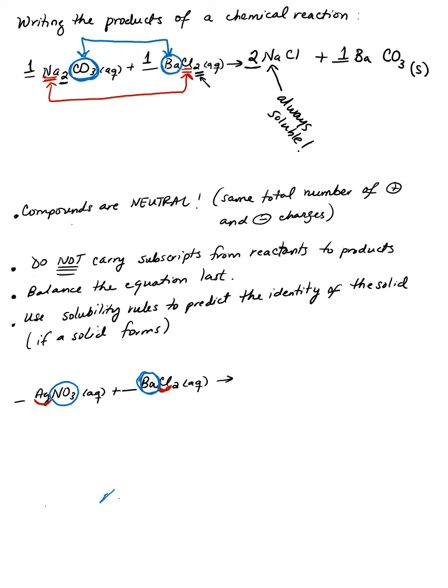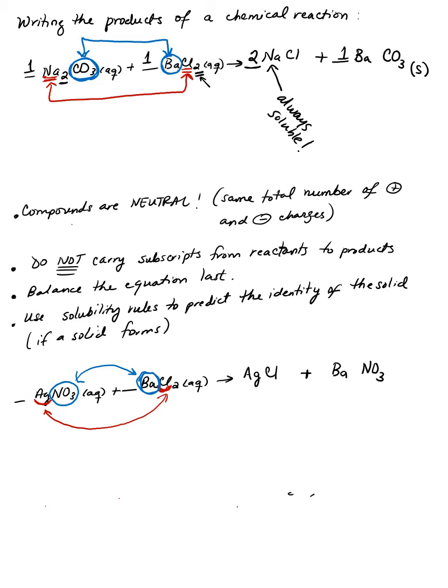So you have your 2 new combinations: the Cl with the Ag, plus Ba with my nitrate. You're going to check if you need any subscripts, right?